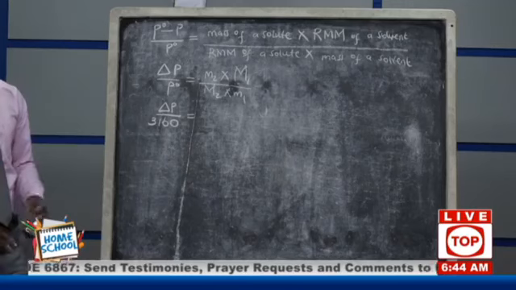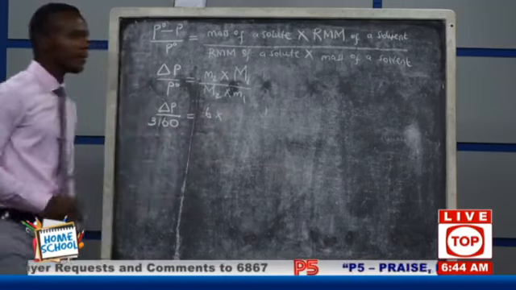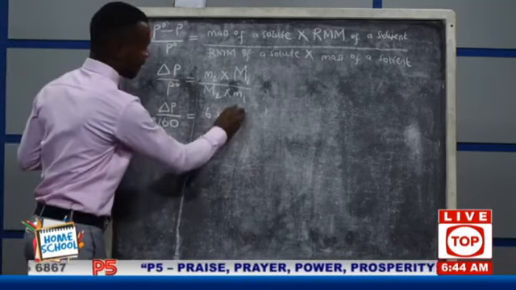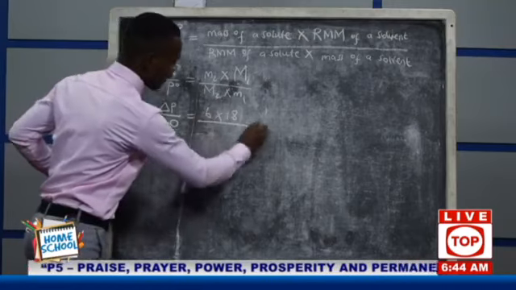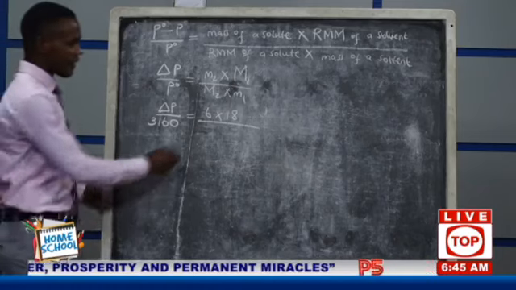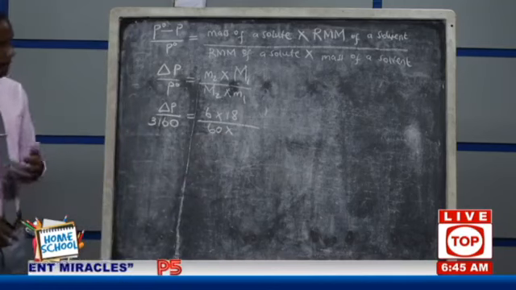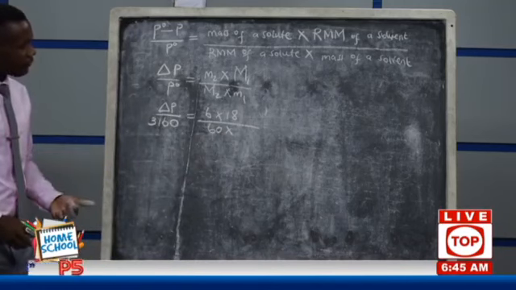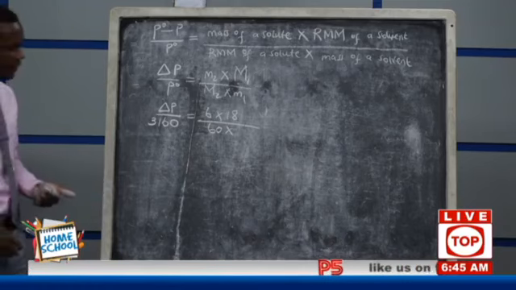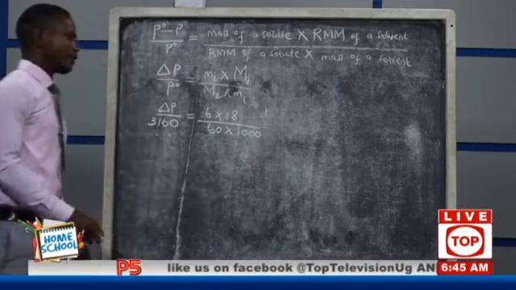Mass of the solute we have said is 6 grams times relative molecular mass of the solvent, which is 18 grams, divided by relative molecular mass of the solute, which has been given as 60 grams, times the mass of the solvent. Mass of the solvent has also been given as 1,000 grams. Okay, so that's where we are.